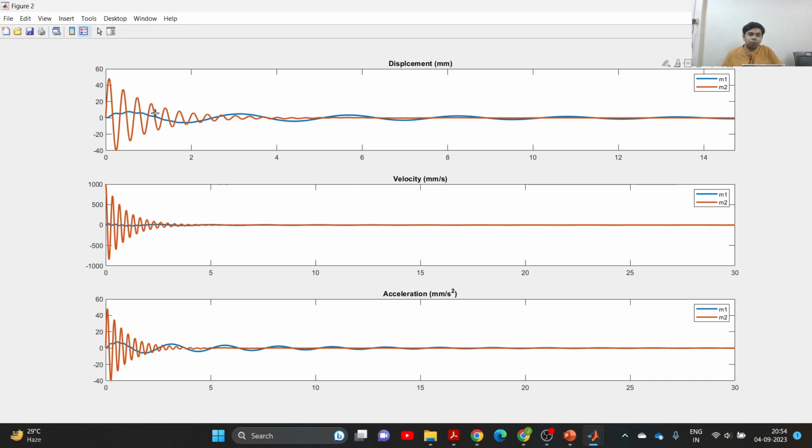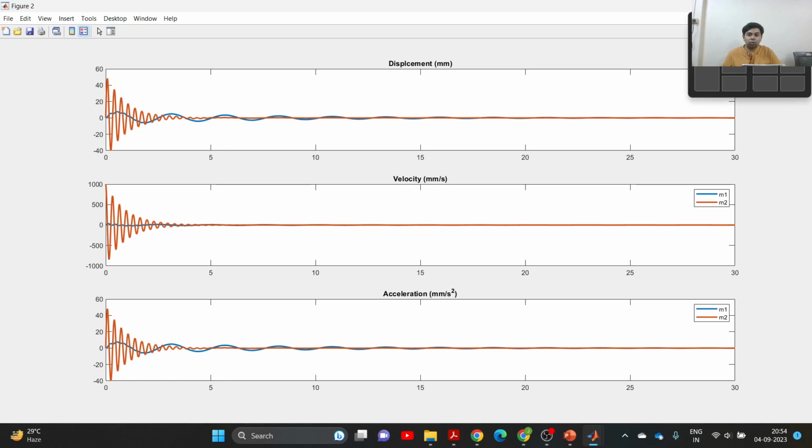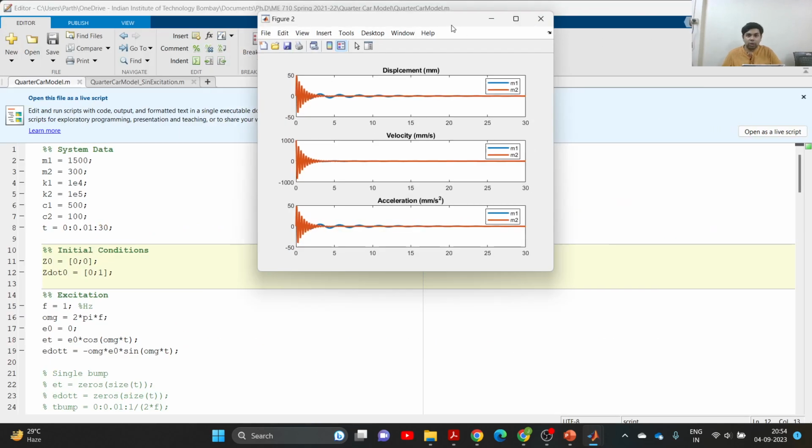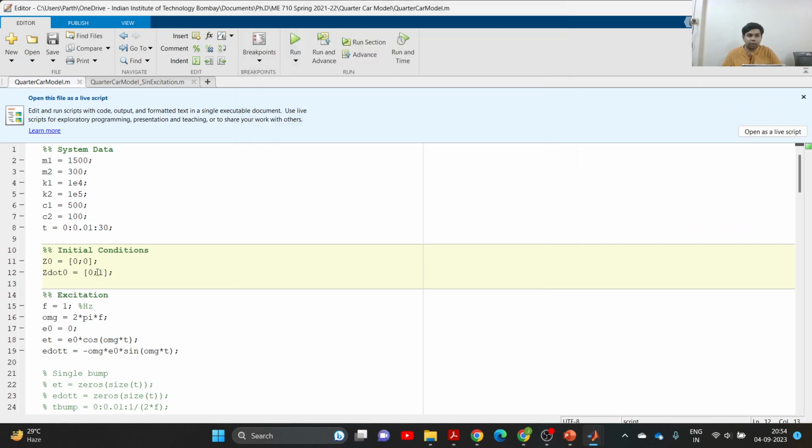And because of the suspension stiffness and damping present, our car body does not move as much as our wheels. So the suspension seems to be working well in this case. By applying these different initial conditions, we can see how the system behaves.